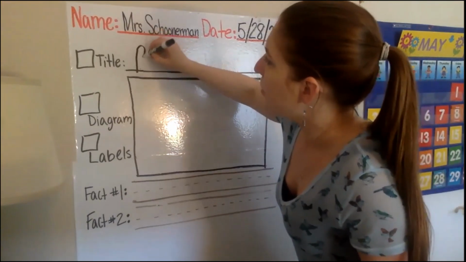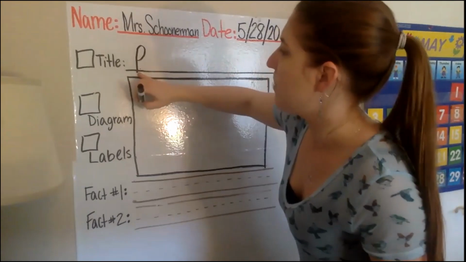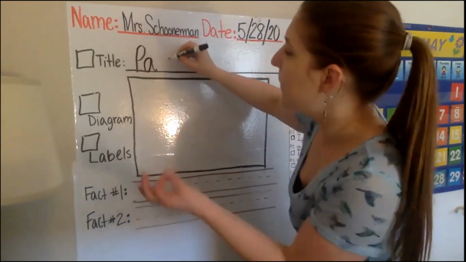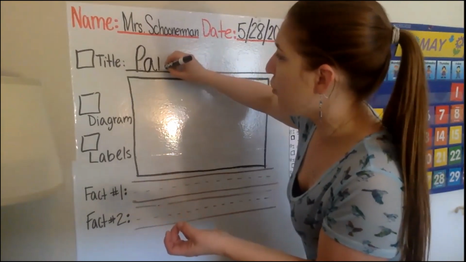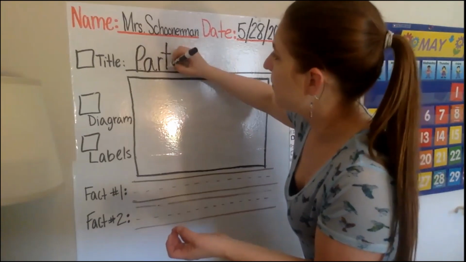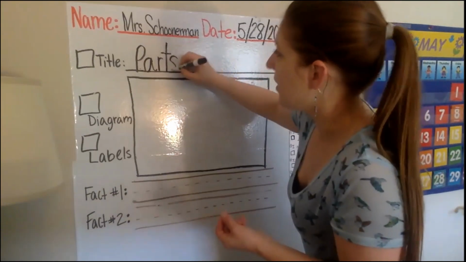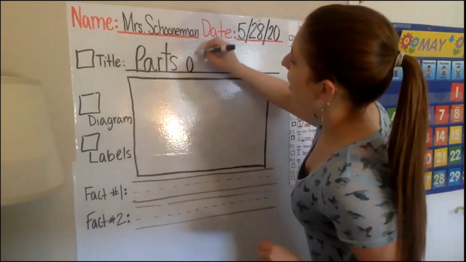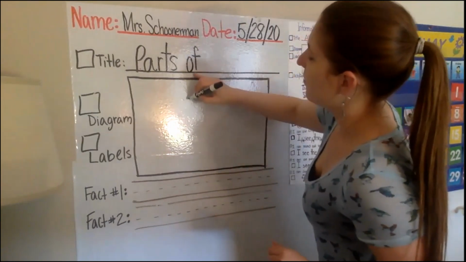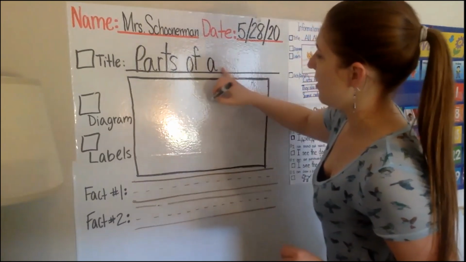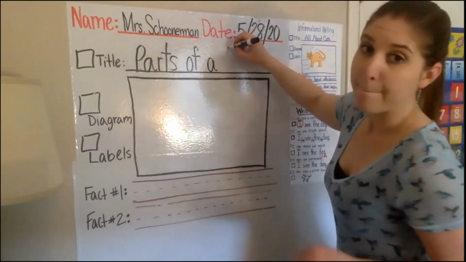We've been spelling the word parts together each day, but let's spell it again. P-A-R, part, T, parts, S, parts. Leave a finger space, of, leave a finger space, a, leave a finger space, bird.